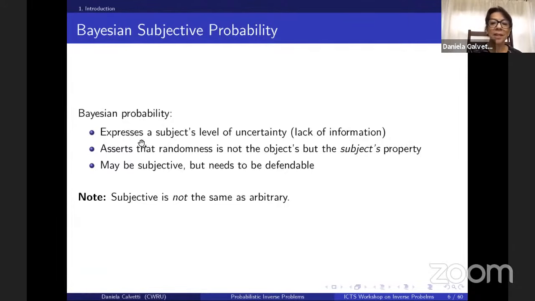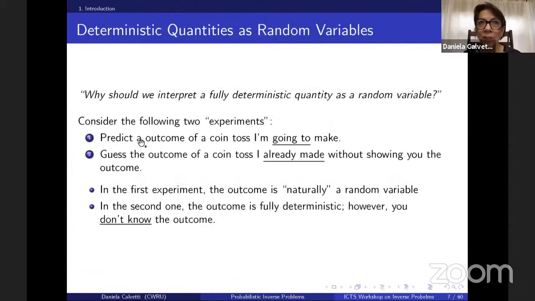Let's continue on this road towards probabilistic inverse problems. And now let's get to the more, let's say, philosophically deep question of why should we, can we model deterministic quantities as random variables?